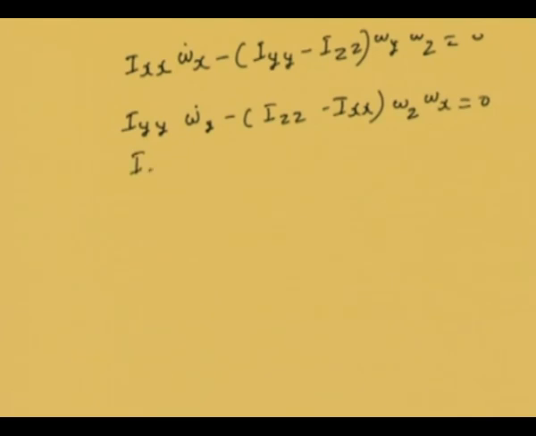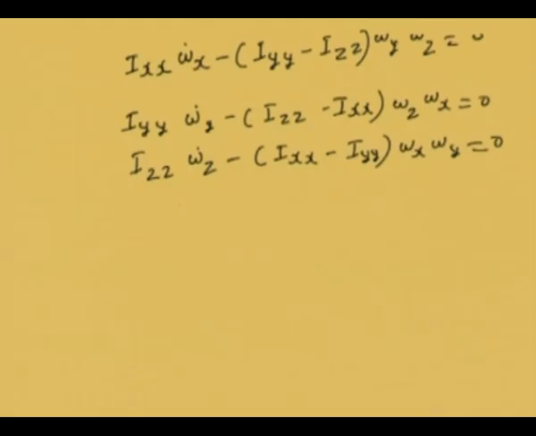Then Izz omega dot z minus (Ixx minus Iyy) omega x omega y equal to 0. Now these equations can be solved.